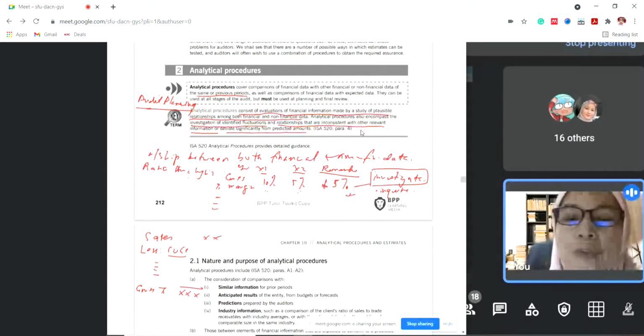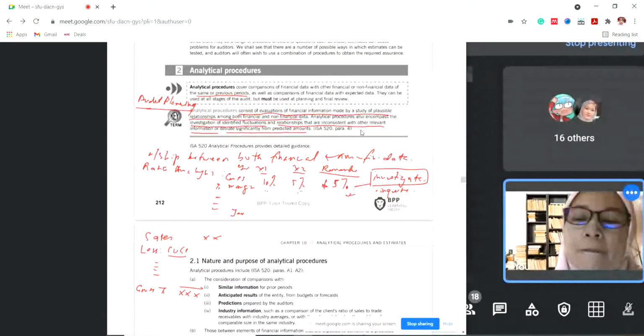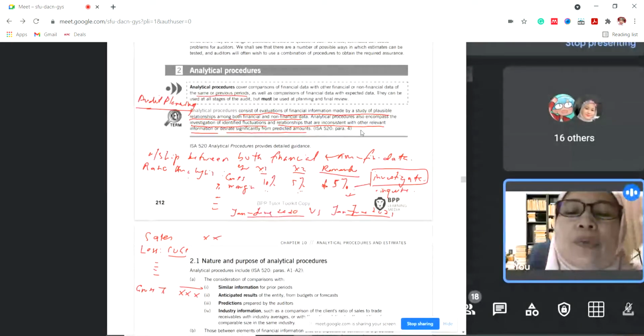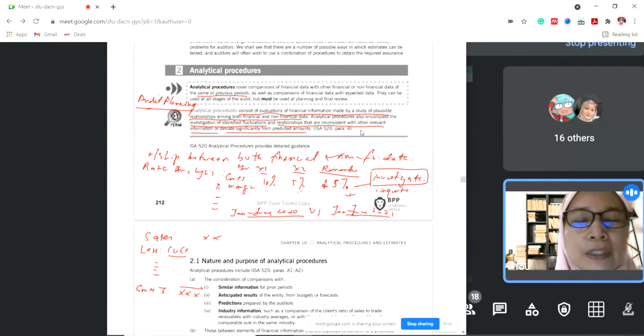If you take six months last year, January to June 2020, you have to compare January to June 2021. This is the same period that you compare. You cannot compare one year last year with half a year this year. It can be used at all stages, and must be used at the planning and final review.